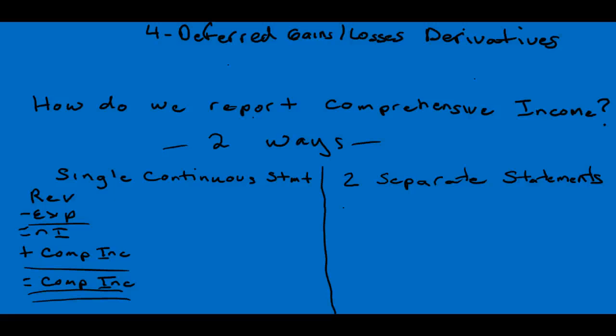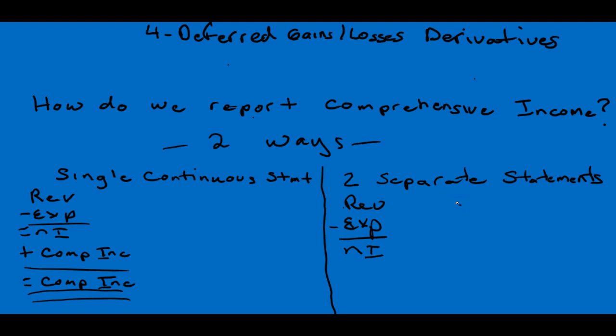And the second way is to create two separate statements. So you do your regular income statement where you'd say revenue minus expenses equals net income, and then you would do your comprehensive income statement.